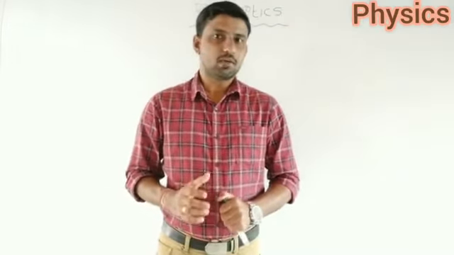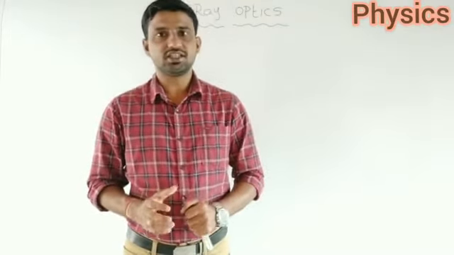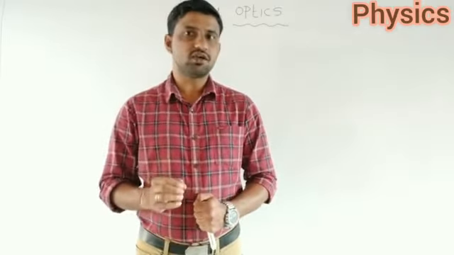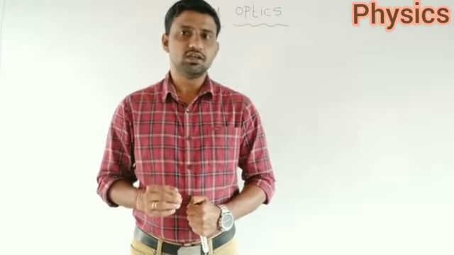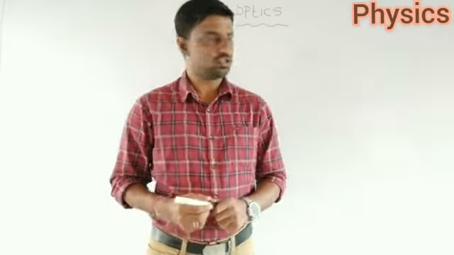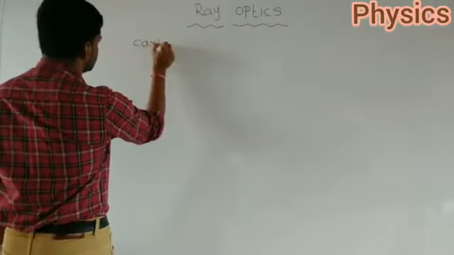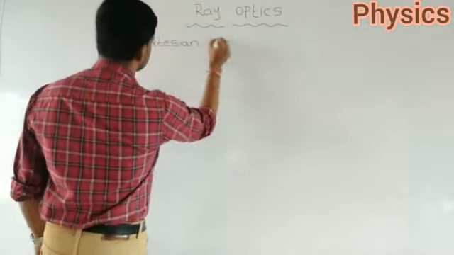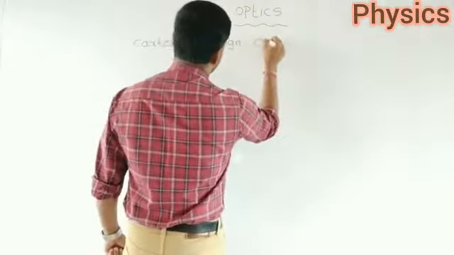So we use some rules to measure the image distance and object distance. For that purpose we use a sign convention rule, called the Cartesian sign convention.